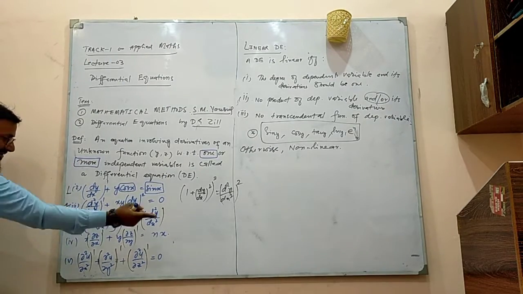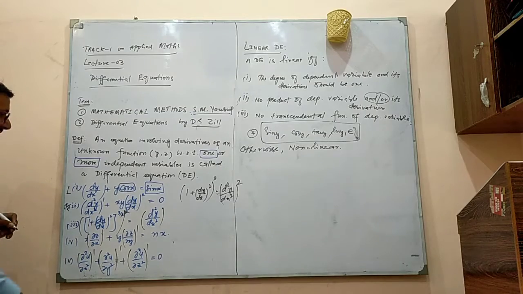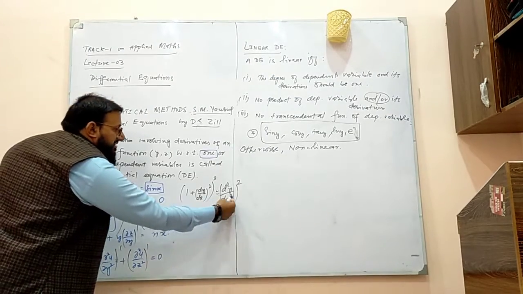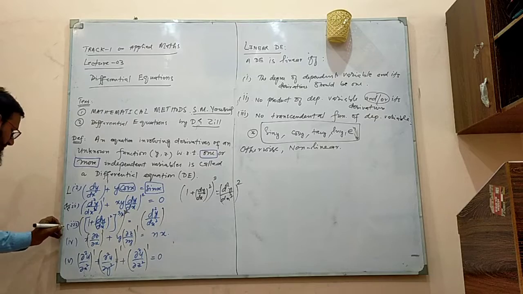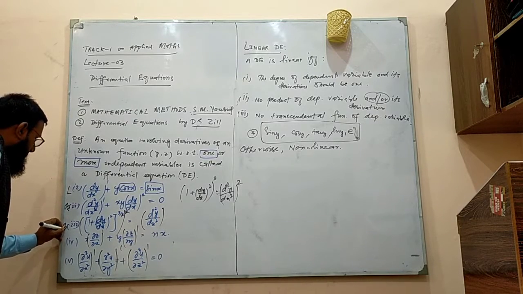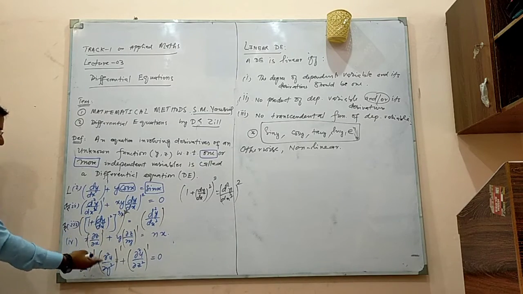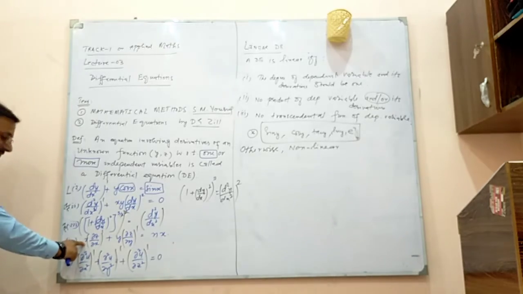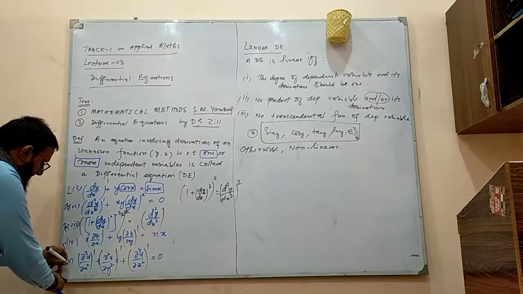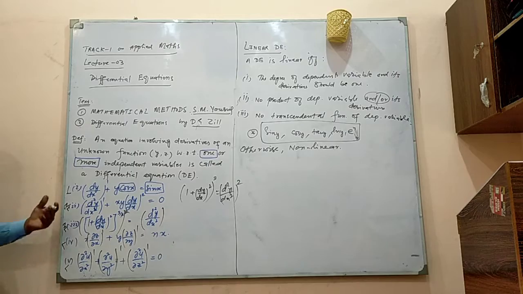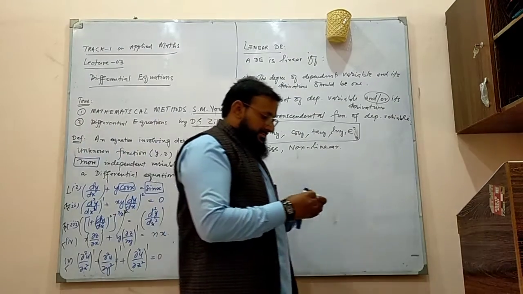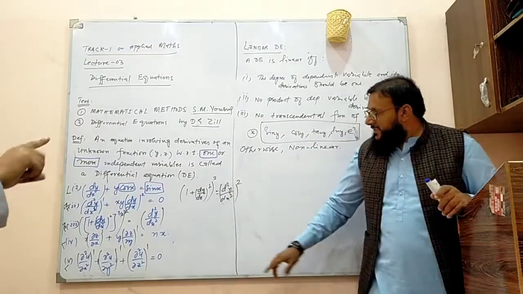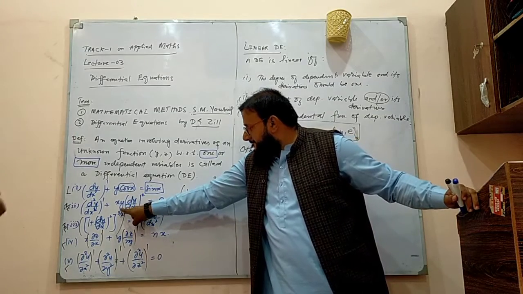Third is also non-linear, because when you simplify this, you get some power of the derivative. But these two are linear, because x is independent, not dependent, so it's not the problem. So this is linear and this is also linear.